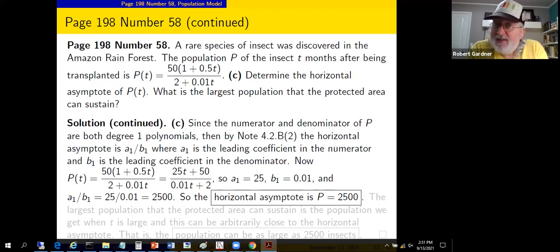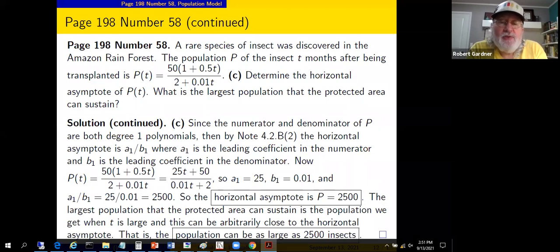So if we graphed this function, we'd see that when t is really big, population size is really close to 2,500. So the largest the population can be is this asymptotic value of 2,500 insects. When t is large, the population will approach this value of 2,500. I don't know about this model, but these ideas of environments having limits as to how many organisms can be maintained in an environment is called a carrying capacity.